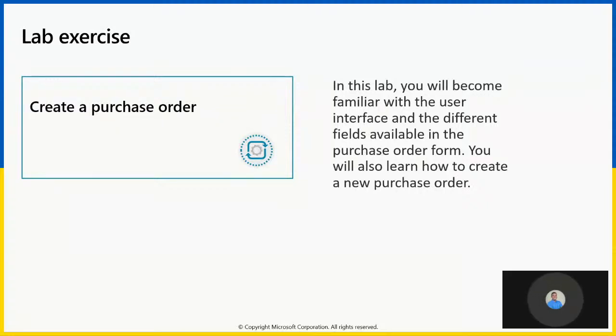Even before that, we have some other setup that can be done right from the beginning of the implementation, and these are basic setups before we can have a proper flow of our P2P, which is the procurement process, which is procure to pay.